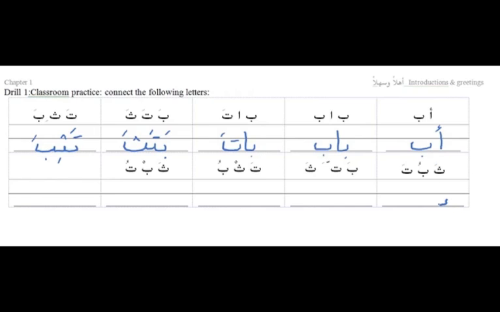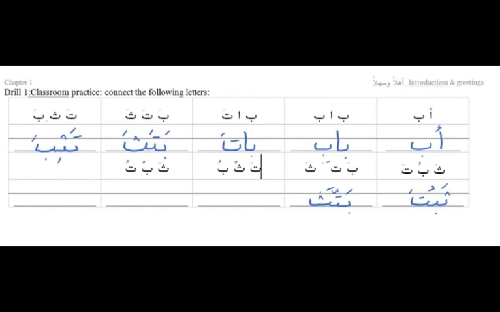Next line is ba, ta, with the vowels pronounced bi, bu, ta. Next line has ba, ta, tha, with the vowels pronounced bat, ta, tha.